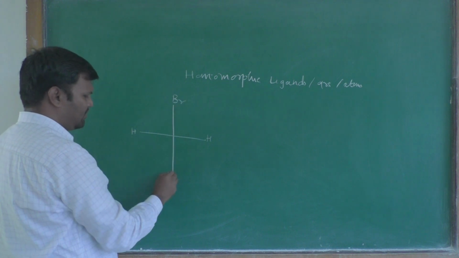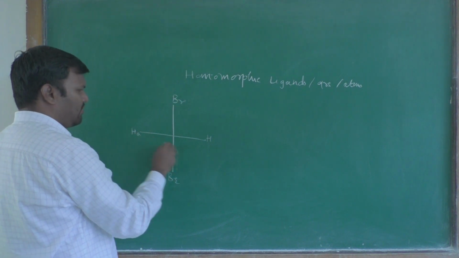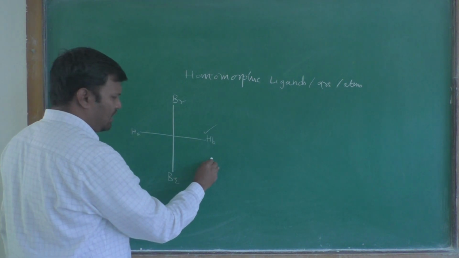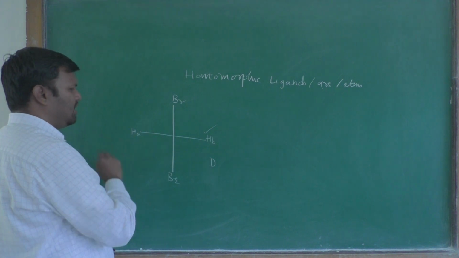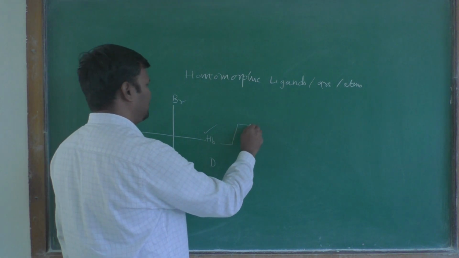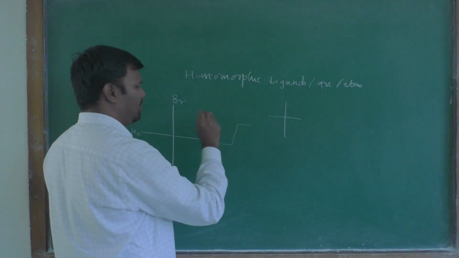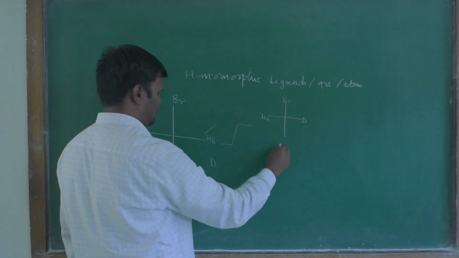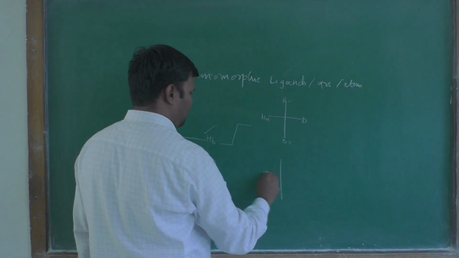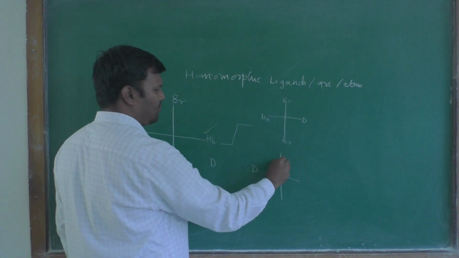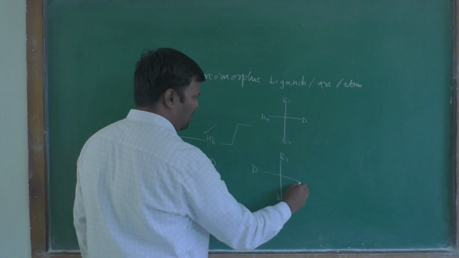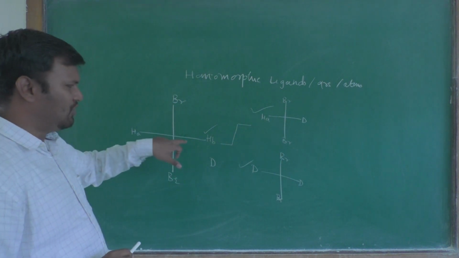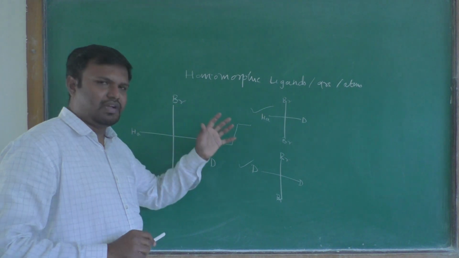First example we have taken: when you replace Hb with deuterium and Ha with deuterium, you will obtain, if you firstly replace one of these hydrogens with deuterium, and when we replace the second Ha with deuterium, these two compounds, and these two compounds by replacing Ha or Hb become the same.